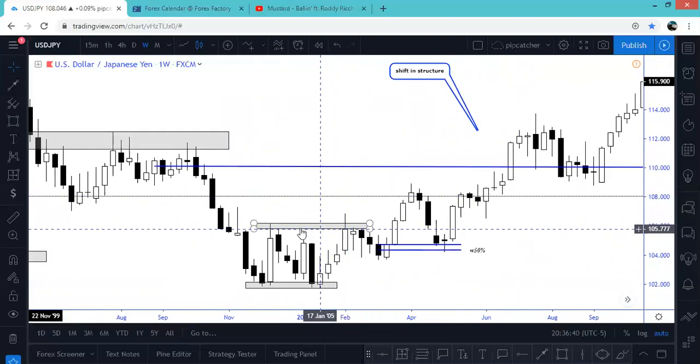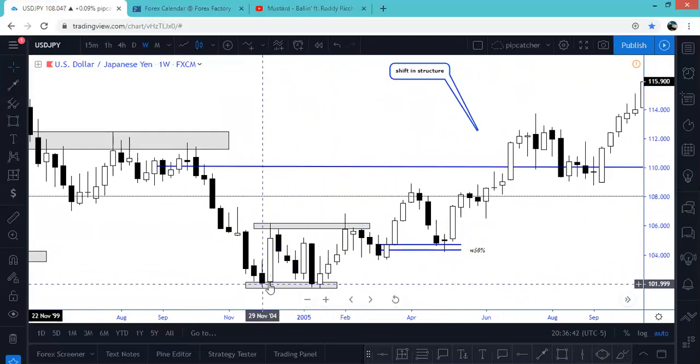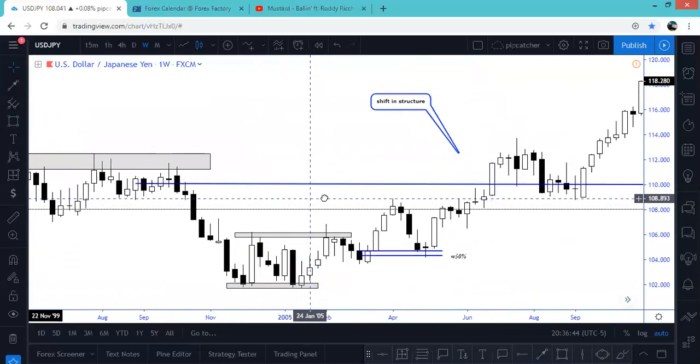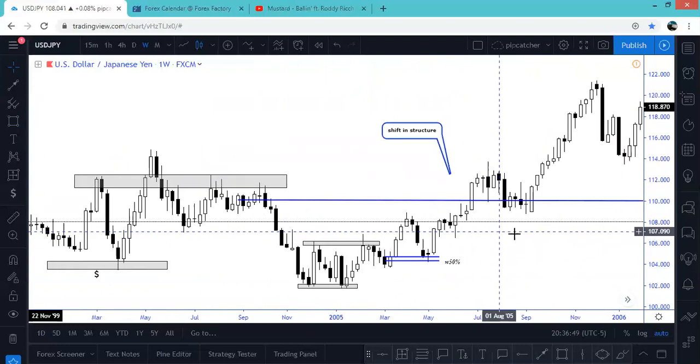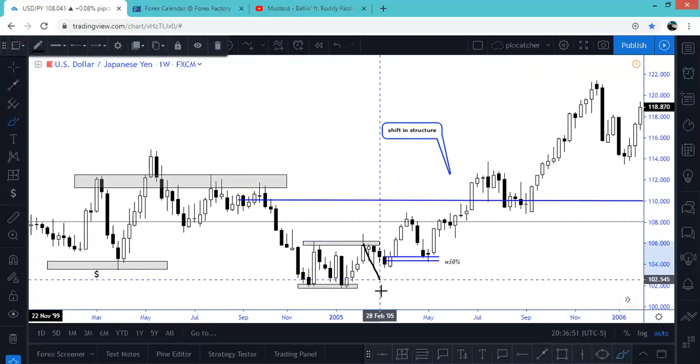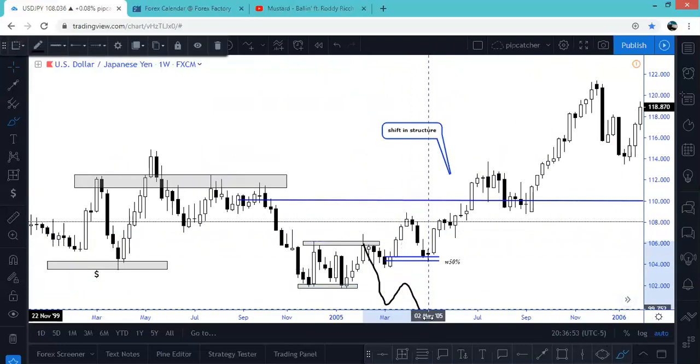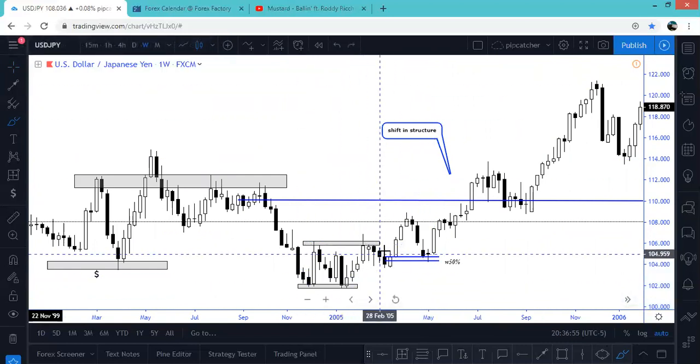So the first thing I see after this range, and it could have gone either way. We have equal lows and equal highs. We could have broken through the lows and continued to the downside, but what happened?